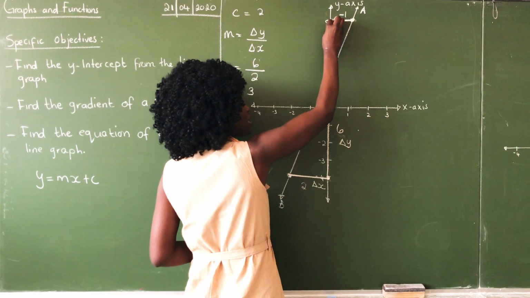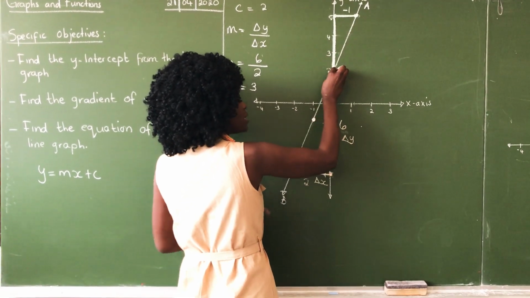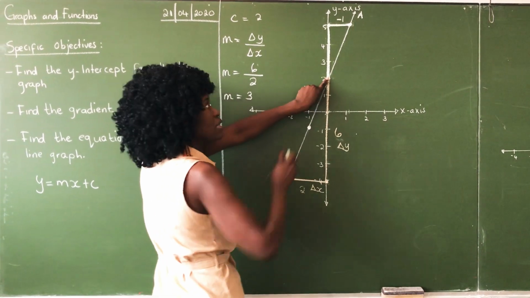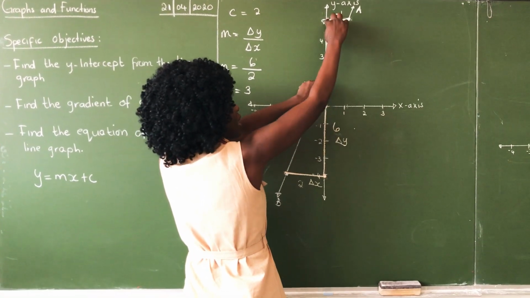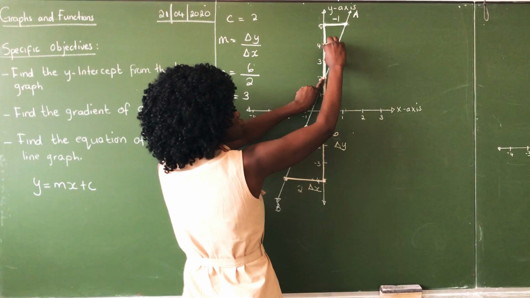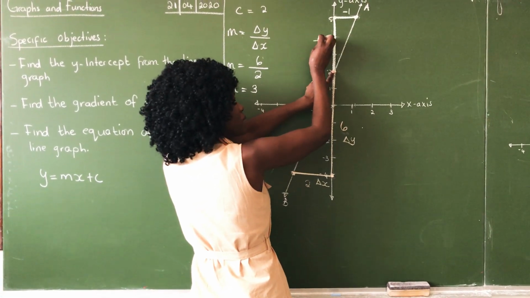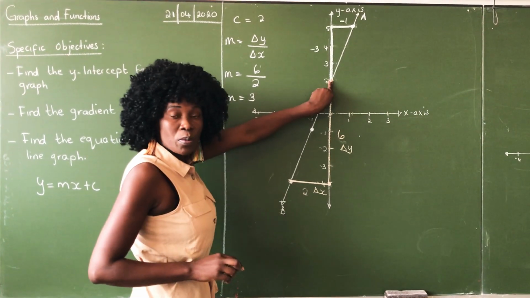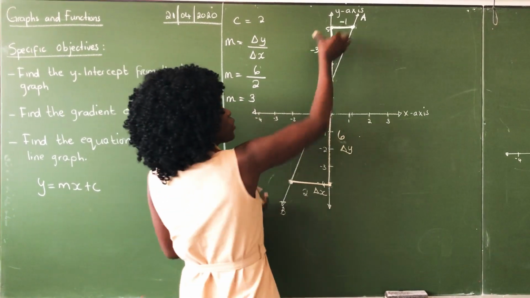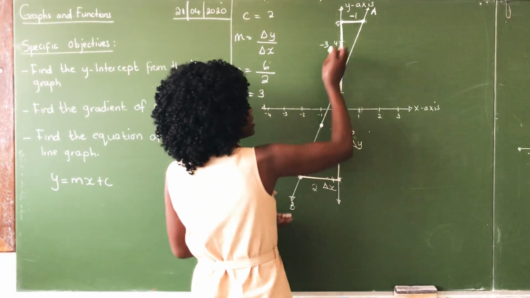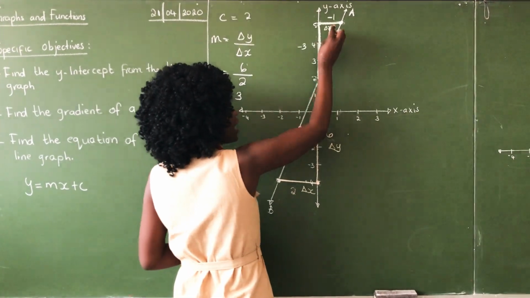Now you have to count the distance from here to this corner here, because this is where my right angle triangle is. So from here to there, I'll have 1, 2, and 3. Since I moved down, that will be my negative 3. Now this distance is parallel to the x-axis, so this is my change in x.